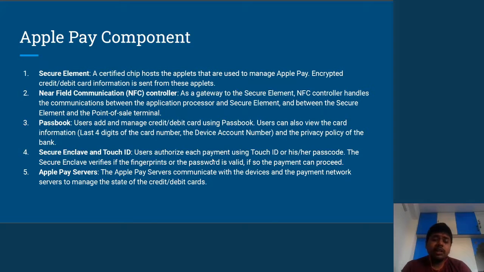Secure Enclave and Touch ID are used for fingerprint verification, and Apple Pay servers communicate between the devices and the payment network servers to manage the state of credit and debit cards.